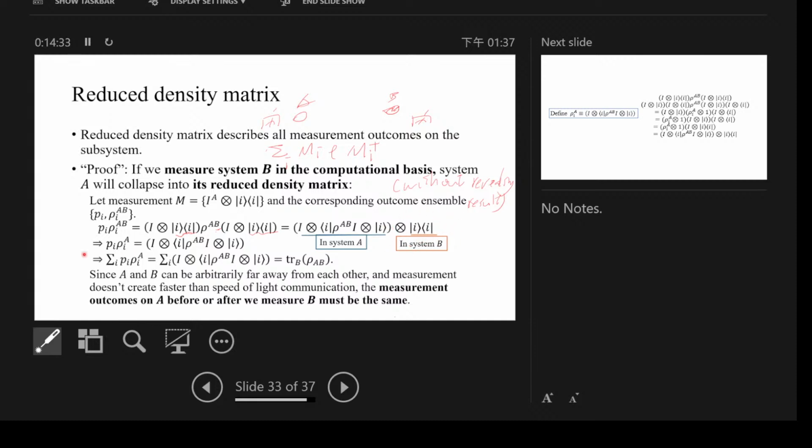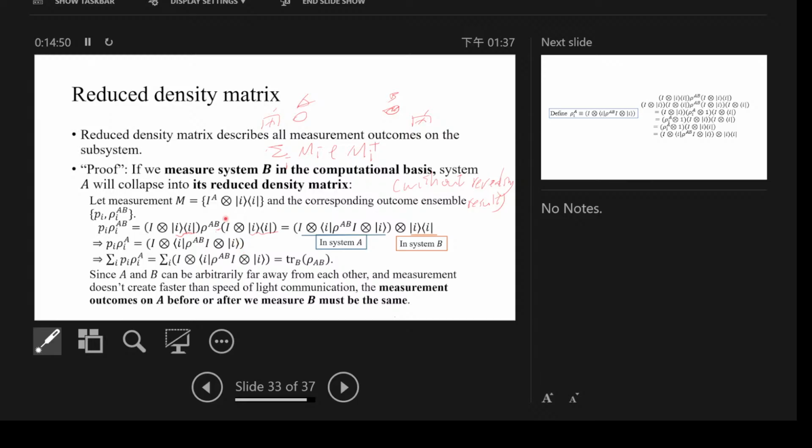Okay, so if we throw away the system B part, then conditioned on outcome being i, the state on system A is only this identity tensor bra i times rho_A times identity tensor ket i.